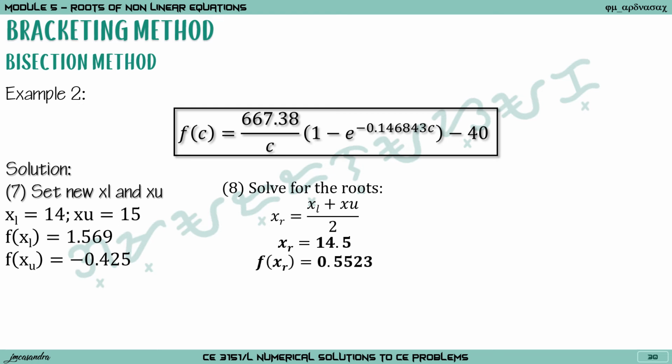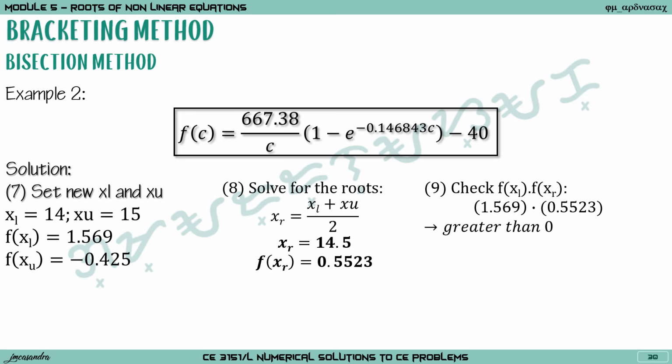The function of xr now is equal to 0.5523. So check for the product of the function of xl and f(xr). It's 1.569 times positive 0.5523.